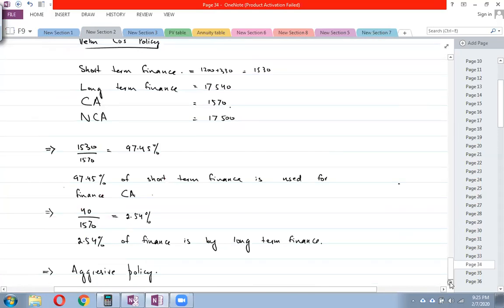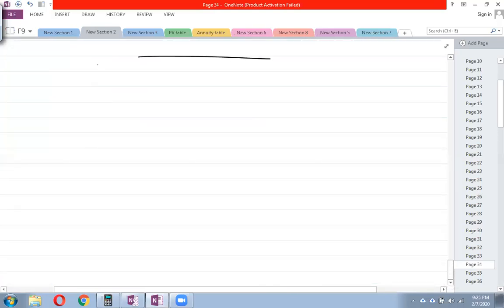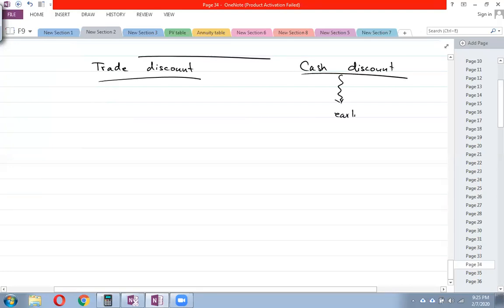Do you remember the difference between trade discount and cash discount? I'm not worried even if you don't understand this point. But the cash discount was for early payment, and the trade discount you get on the spot.